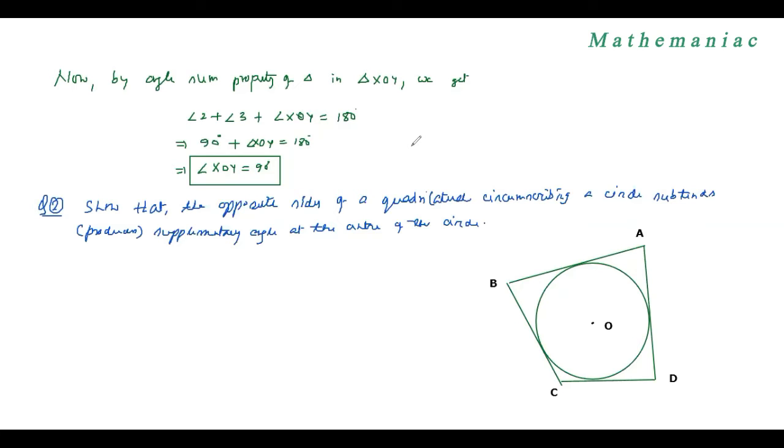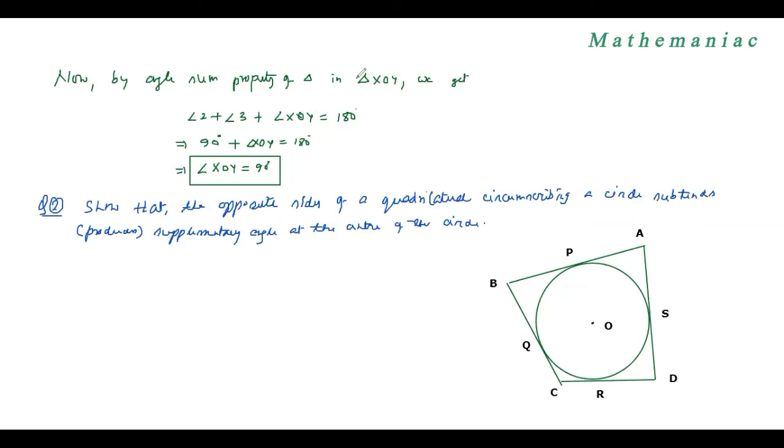So now let me name the points also because they will be of use. So this is suppose P, point of contact. This point of contact is Q. This point of contact is R. And this point of contact is S. So these are the 4 points of contact of the sides of the quadrilateral with the circle.